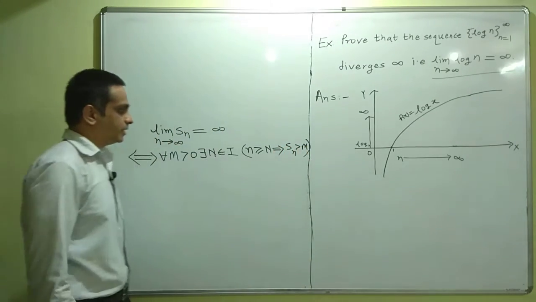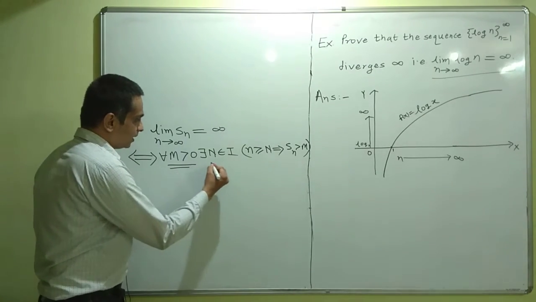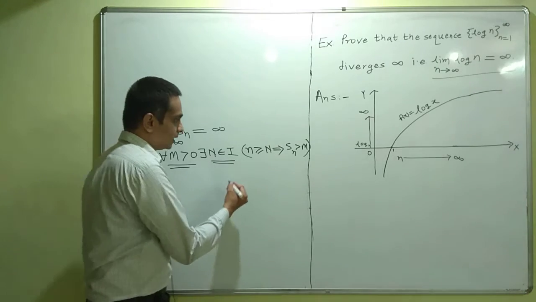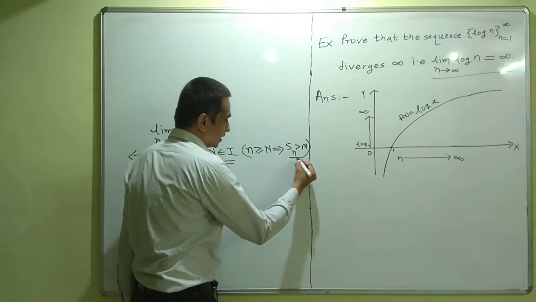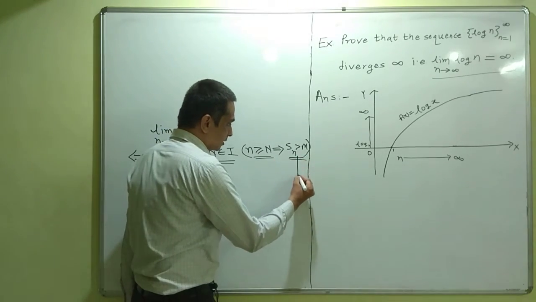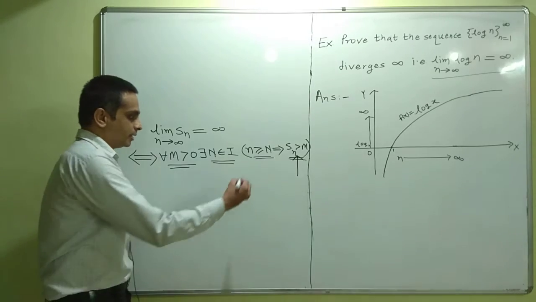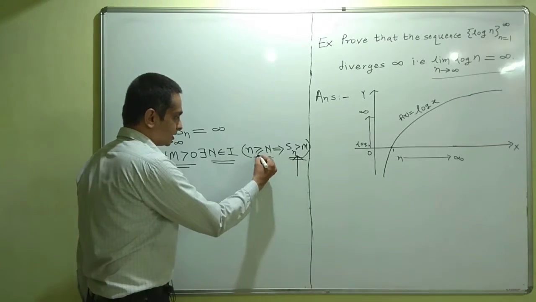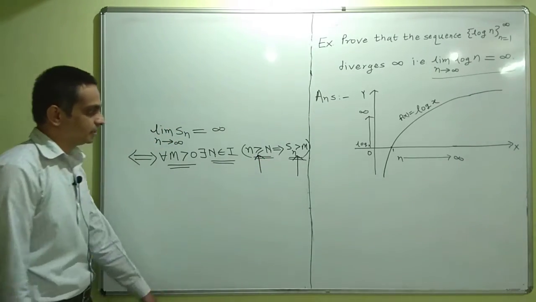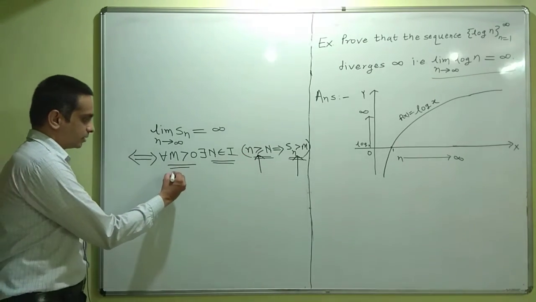So point of definition is that for any given positive real number, we can find a positive integer such that Sn is greater than m whenever n is greater or equal to N. We can make terms of sequence Sn as large as we want by taking n sufficiently large. Sufficiently large means greater or equal to N in this case.